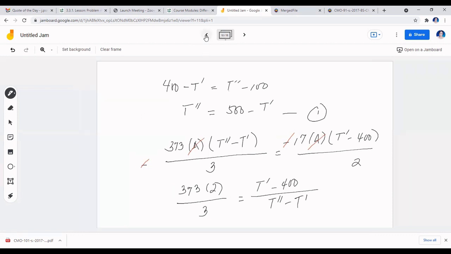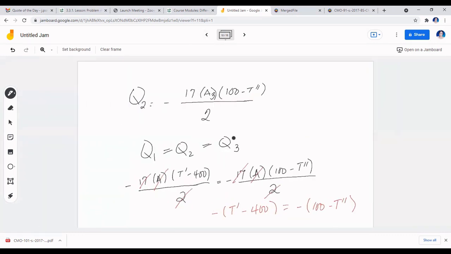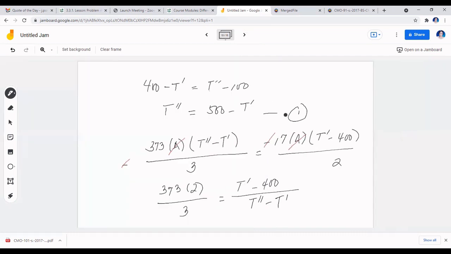The next thing is you have a choice actually. You can equate Q3 with Q2 or Q3 with Q1, doesn't matter because anyway, all 3 are equal. So in this case, your Q3 here was equated to Q1, because we have T prime minus 400 here. So this must be Q1.